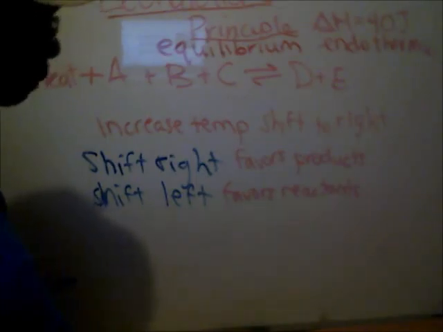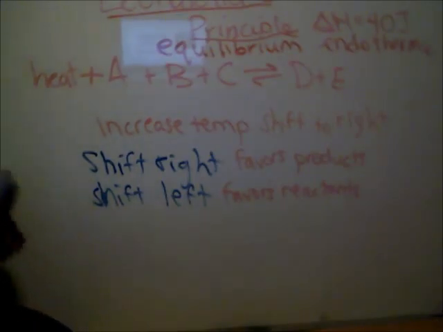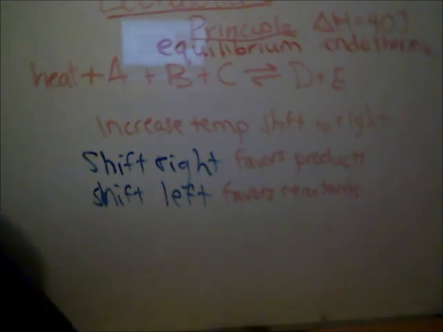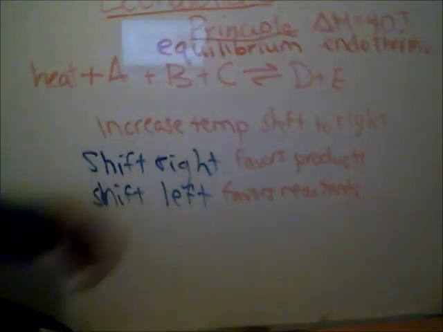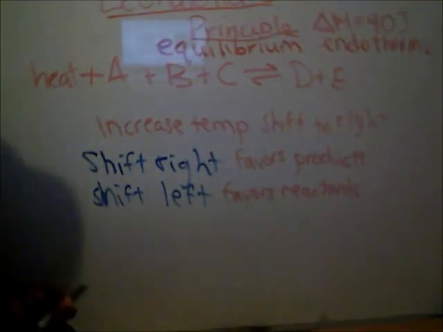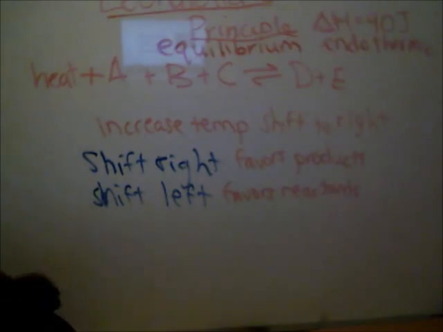I would definitely recommend reading about Le Chatelier's principle as well as reaction rates to be really comfortable with this test. This test is going to be a lot of vocabulary, so you have to be comfortable with understanding what enthalpy is. So enthalpy is delta H, but enthalpy is the same as heat. Being able to identify what words mean the same thing would probably be very helpful for this test.